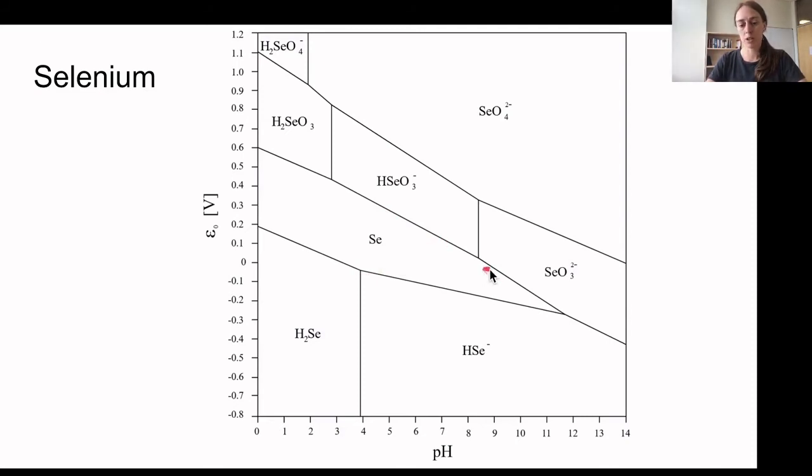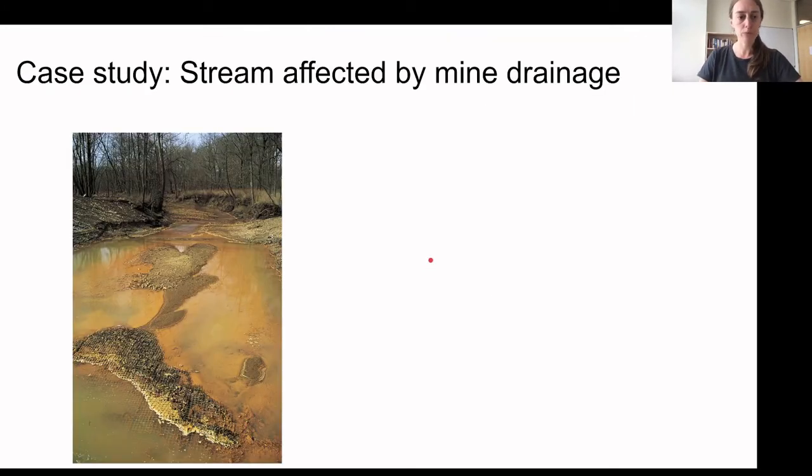Chances are we could lower the pH a little bit, which might move it in this direction, but we also probably have to change the redox potential. Some ways that people treat selenium issues is to have selenium streams flow through wetlands, turning them into more reduced environments, and then we would move the selenium into this envelope where we are more likely to have solid selenium, and that can settle out.